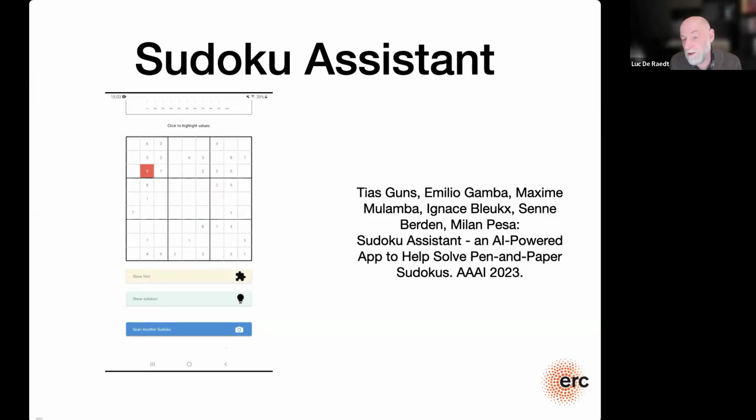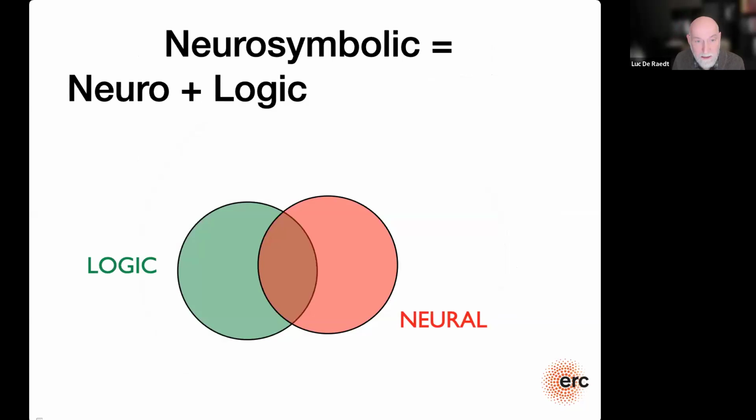You get up to 99%, basically, because then you're not individually classifying the digits, but doing joint optimization in the light of what you know, in the light of the knowledge.